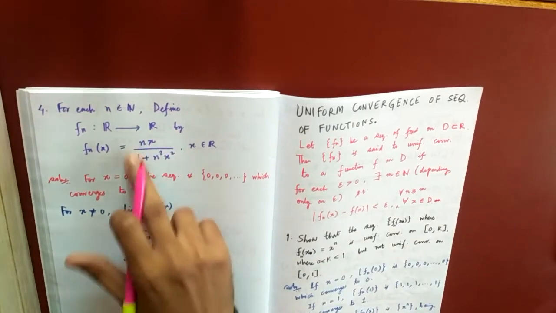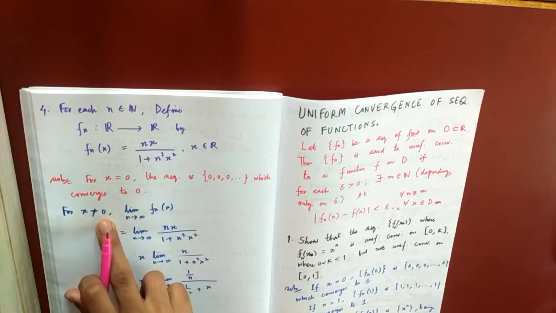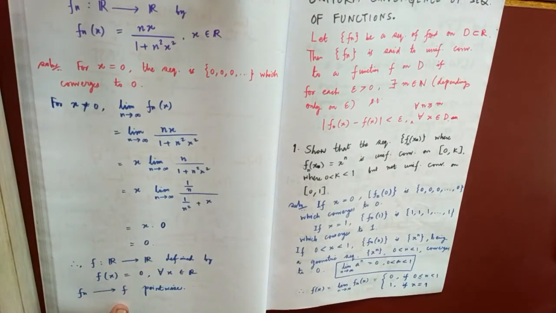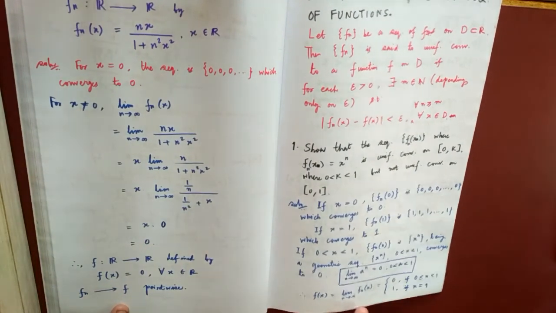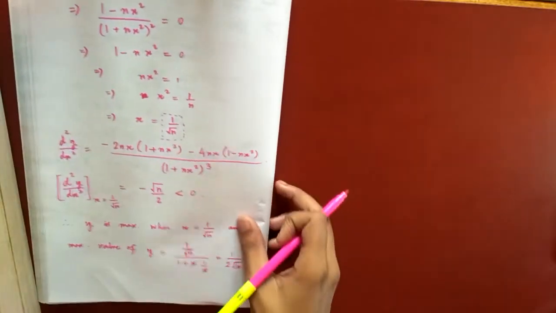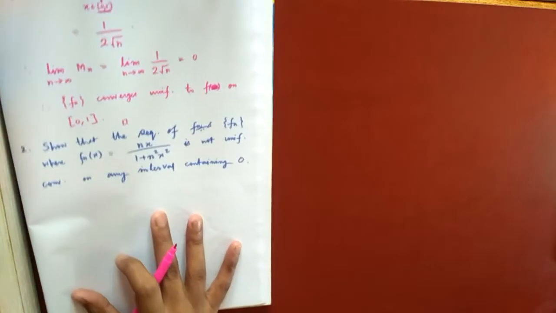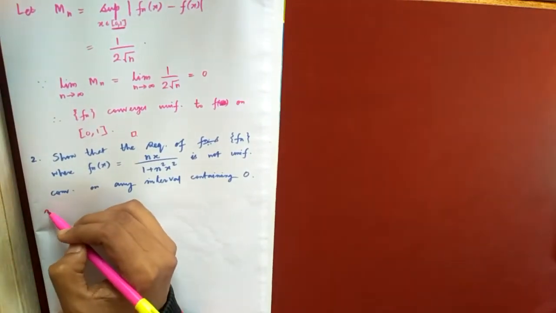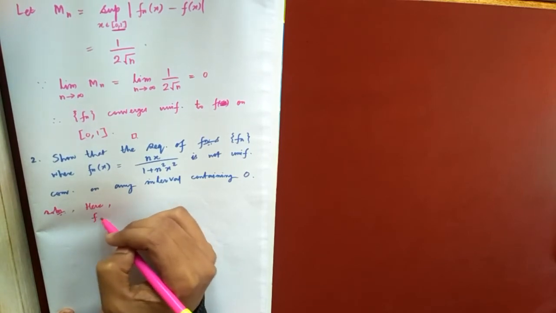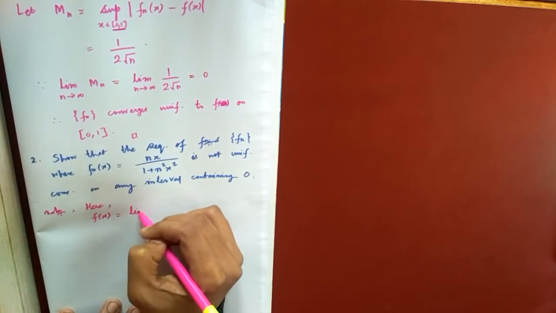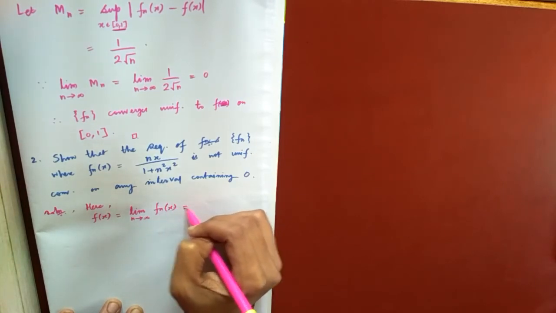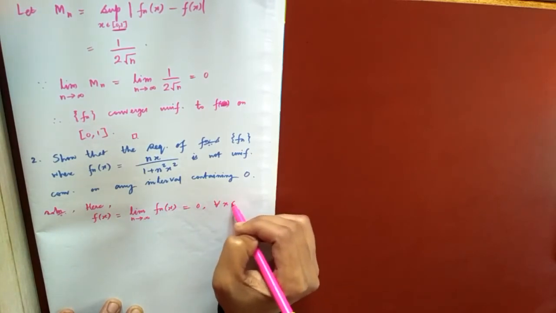So the solution here: f(x), which is limit n tends to infinity f_n(x), is 0 for all x over real numbers.